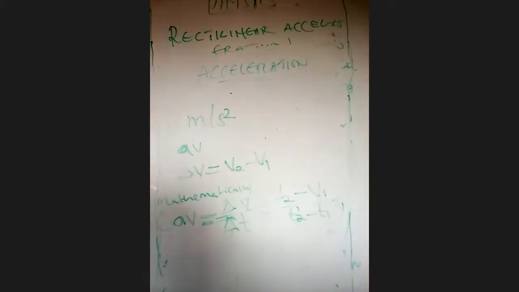So we are trying to put things together. We are dealing with average acceleration now. Average acceleration is the change in velocity over the time interval, so mathematically we have a_av equals delta V over delta T, which is equal to V2 minus V1 over T2 minus T1.